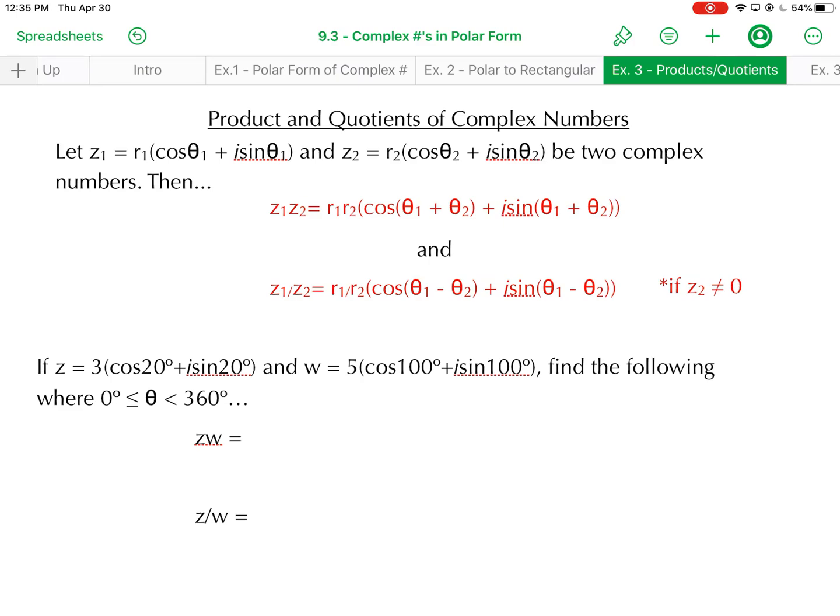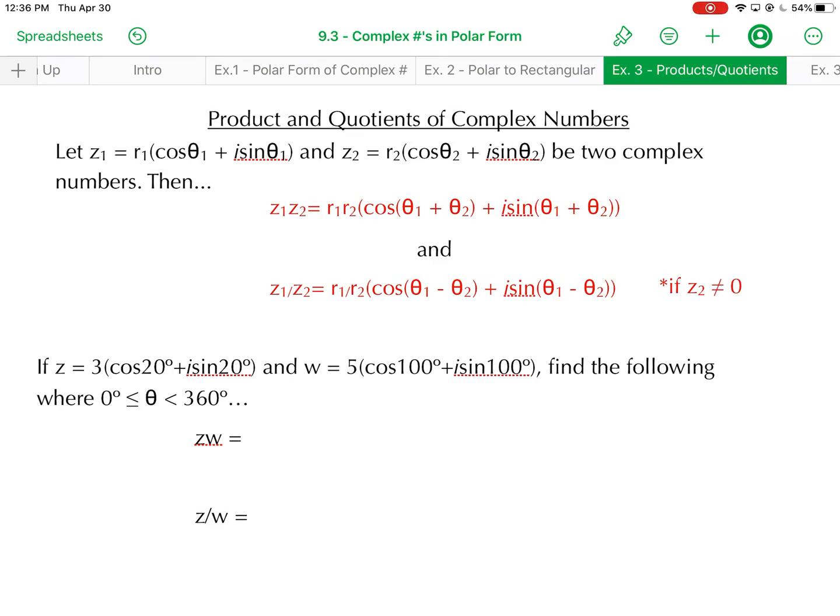So I'm working with two complex numbers in polar form, z sub 1 and z sub 2. z sub 1 equals r sub 1 multiplied by cosine of theta sub 1 plus i sine of theta sub 1. And then you can see z sub 2 follows a similar format. If I would like to find the product between those two complex numbers, when they're in their polar form, all I need to do is multiply their two moduli together, r sub 1 and r sub 2.